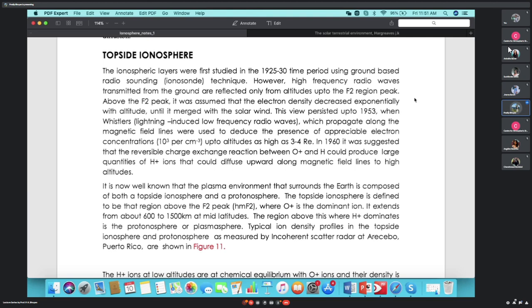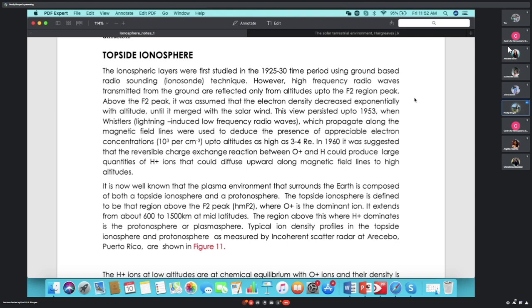By the same logic, if you put a miniature ionosonde in a satellite, what the Japanese did, and beam the transmitted signal towards the Earth, then you can measure the distribution of the ionosphere above the F2 peak.